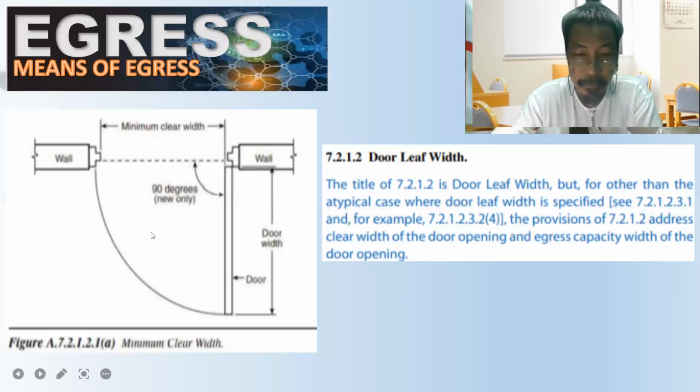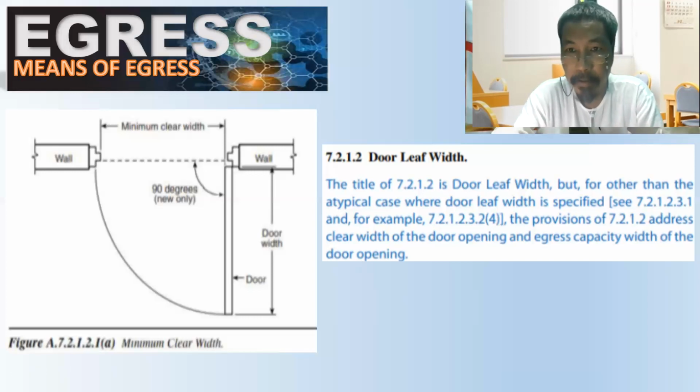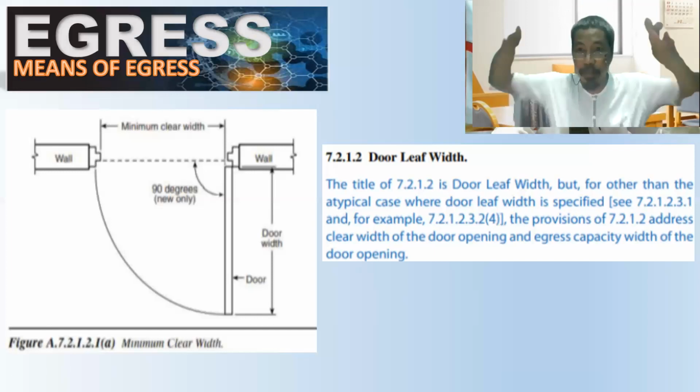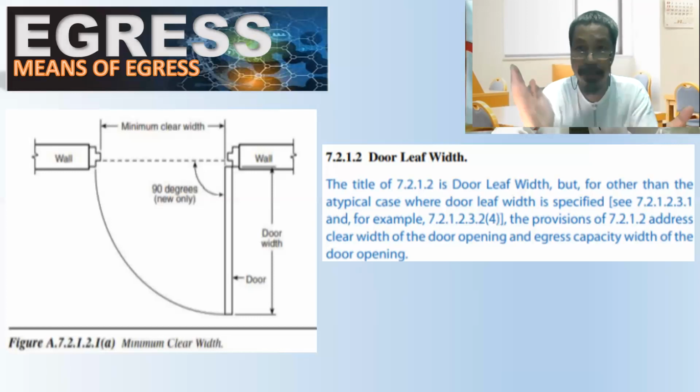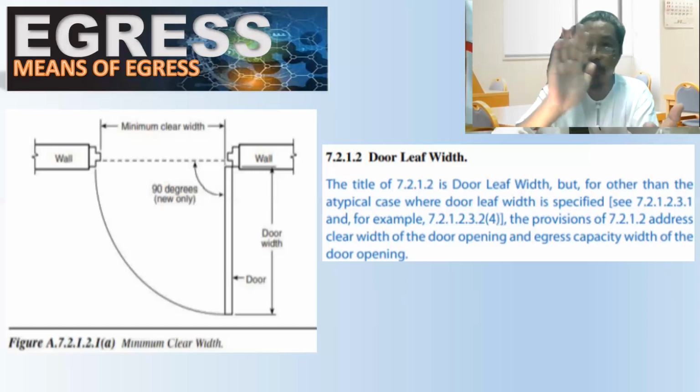As you can see here, a single leaf, meaning we are talking about the part of the door which is moving, not the part which is the hole, the opening. It is the part of the door which is the cover of the opening.